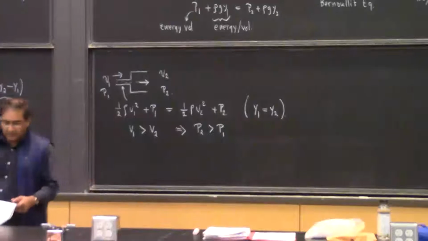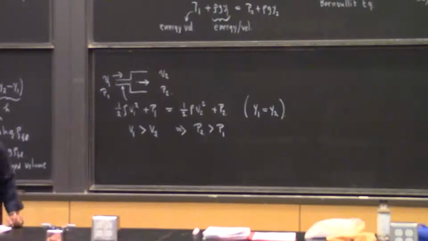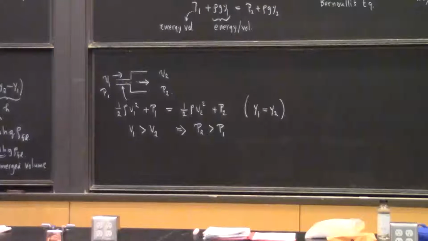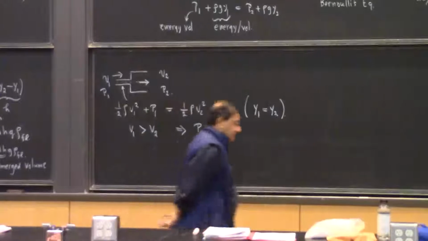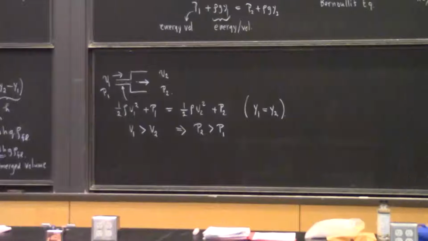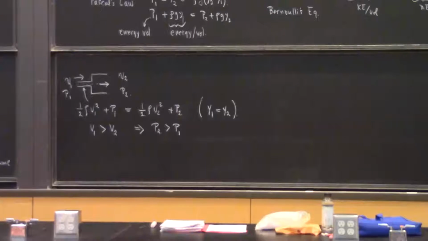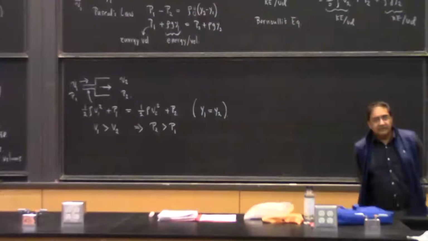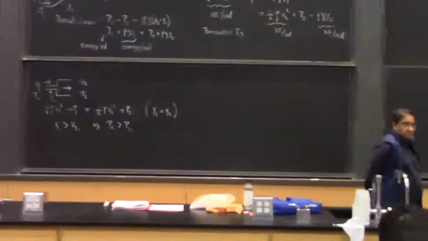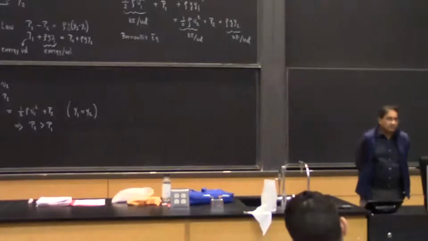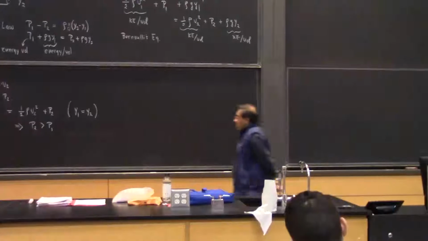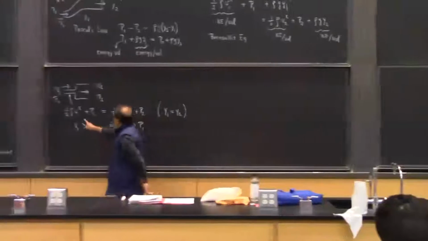That may seem like a simple result, but this is the approximate explanation as to why when you exercise, your blood pressure goes down. Because let us say there is not a great deal of height difference between two parts of our body, or even in the same part of our body. So when you exercise, your metabolic rate goes up, so your blood flow goes up. If your blood flow goes up, then this term goes up.